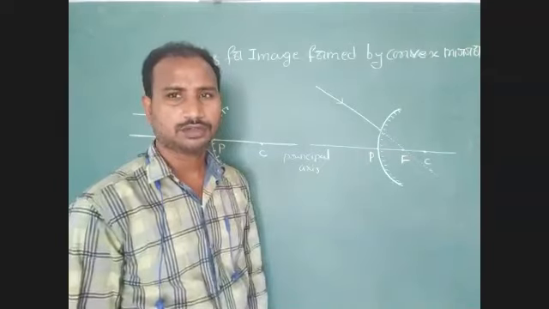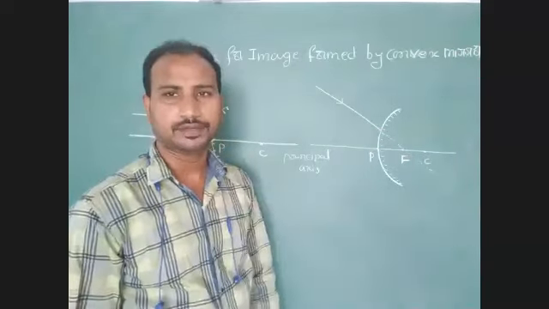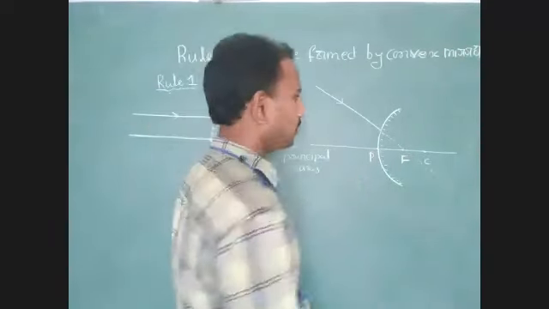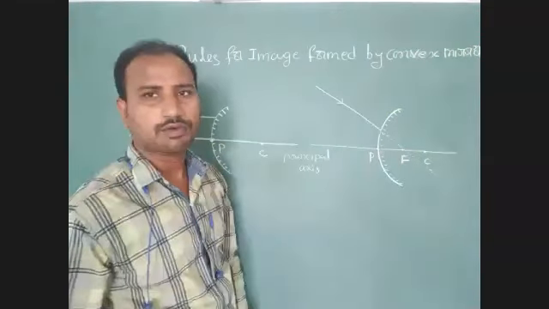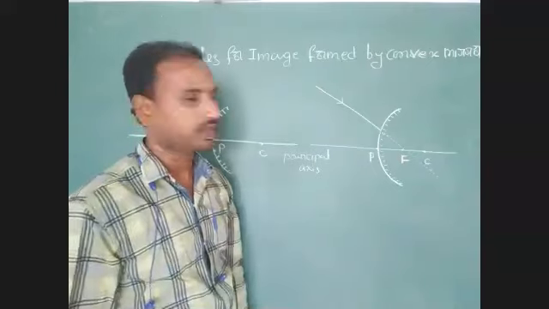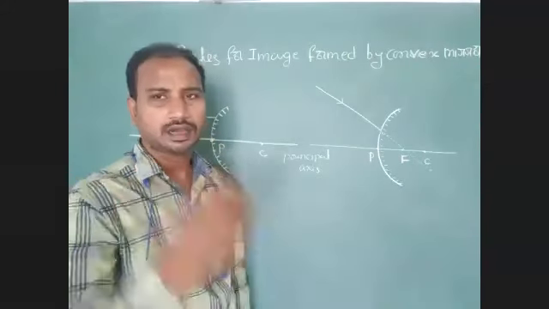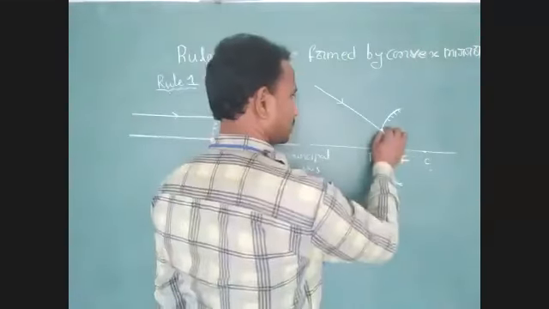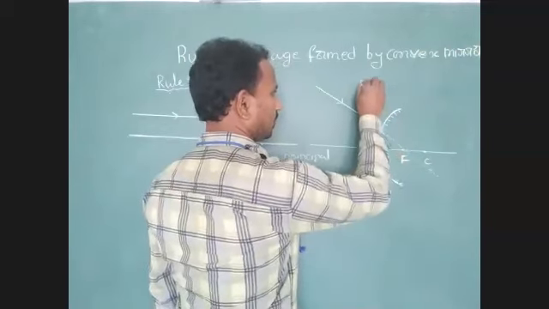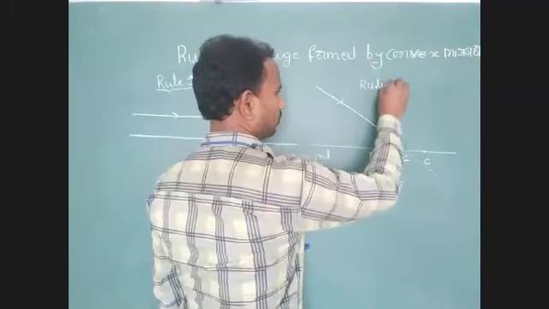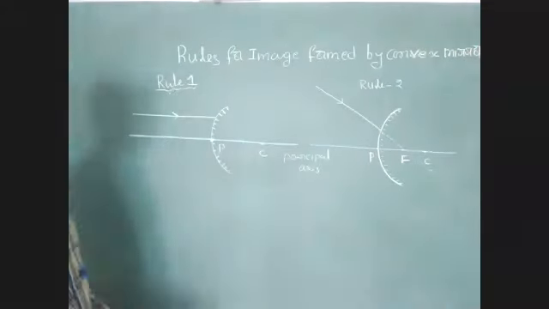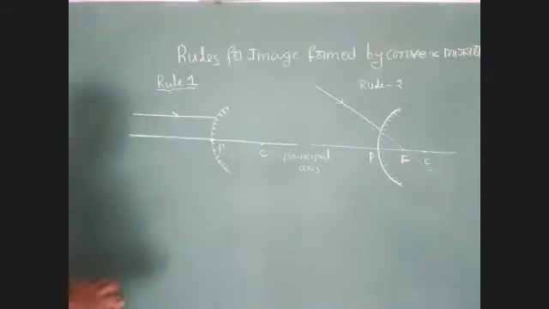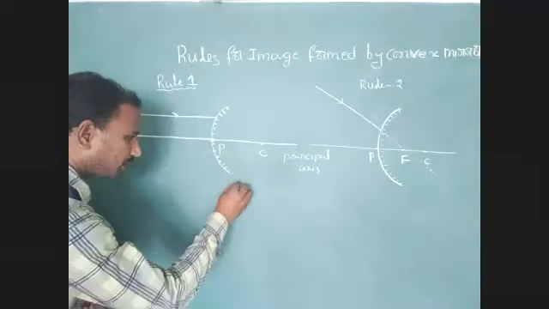Now we have to find the direction of the reflected ray. It is rule 2, rule 1, rule 2. Next, we identify the next diagram.